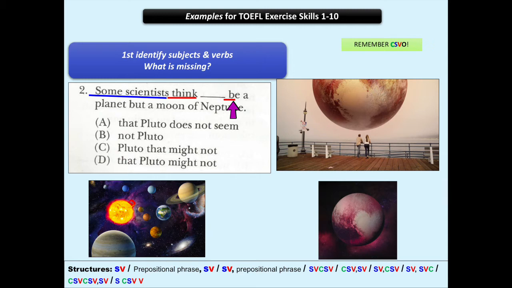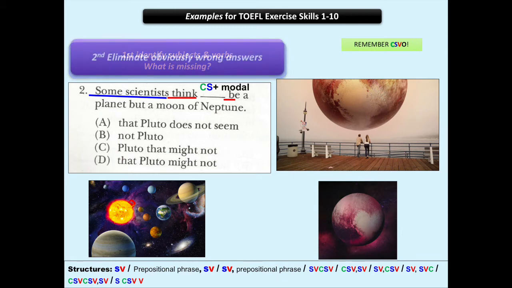We can have this after modal verbs. So, we know that we probably need a modal in our answer. What else does our answer need? Our answer should have a connector, then a subject, and then a modal verb.